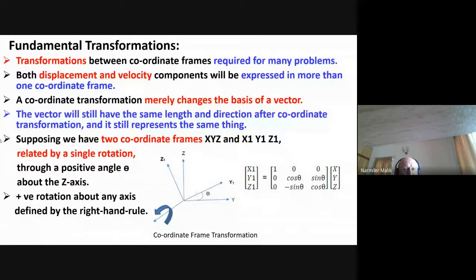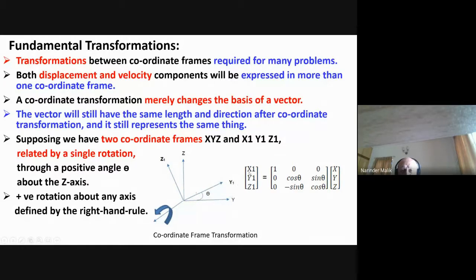Now, for example, let us take two coordinate systems, x, y, z and x1, y1, z1. Suppose I give a rotation about the x axis by angle theta, so y will shift to y1 and z will shift to z1.